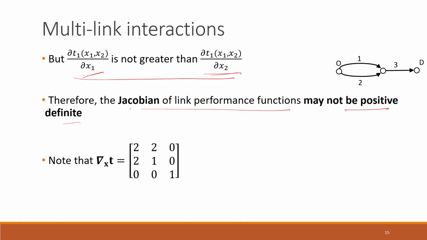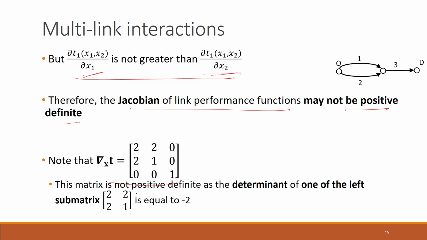So let us put together the Jacobian of the link performance functions, which is actually the Hessian matrix of this objective function. This is what we get here. Now, this matrix is not positive definite, as the determinant of one of the left submatrices is negative here.